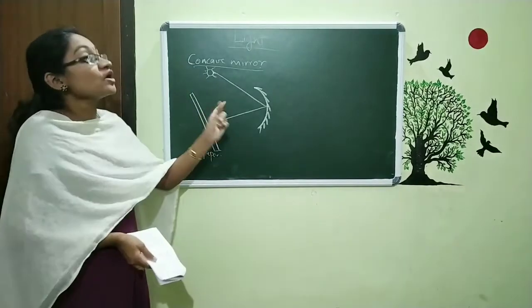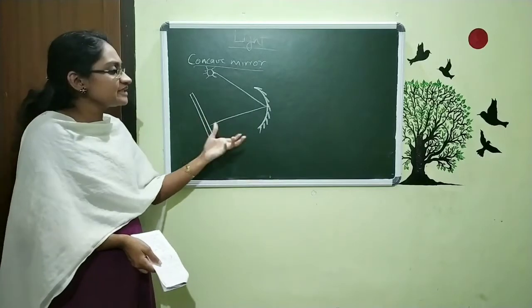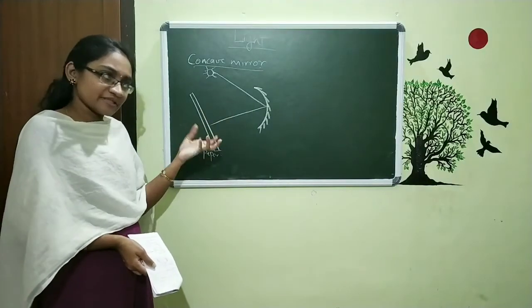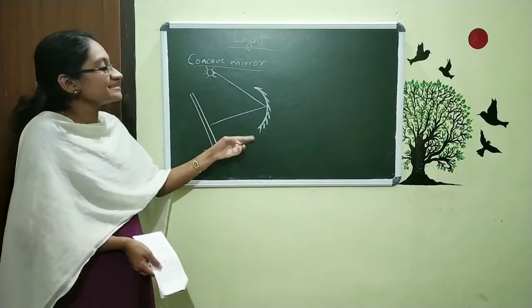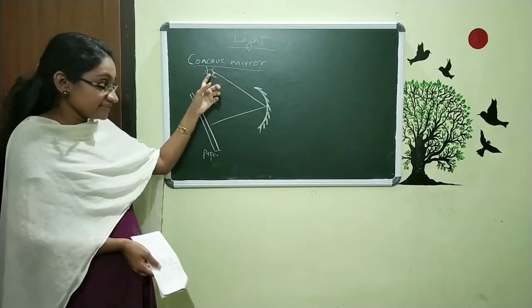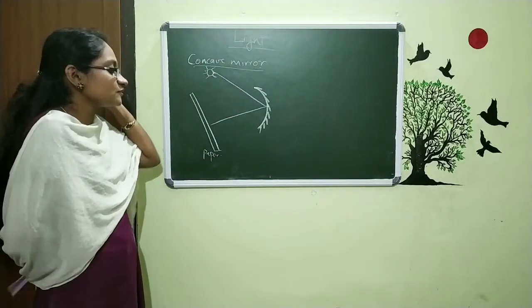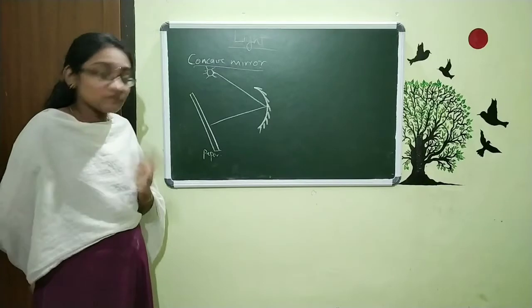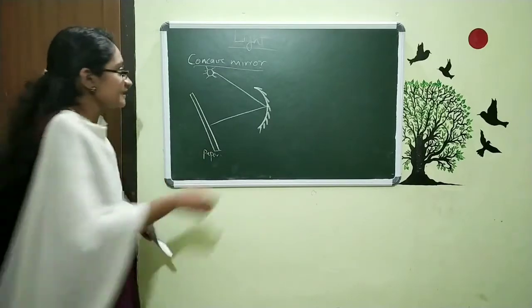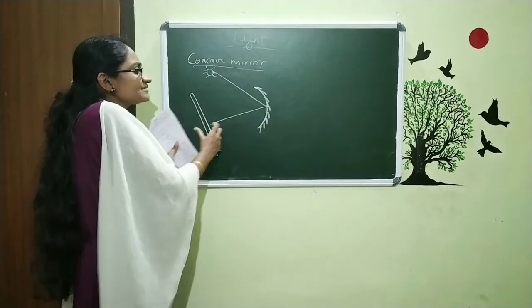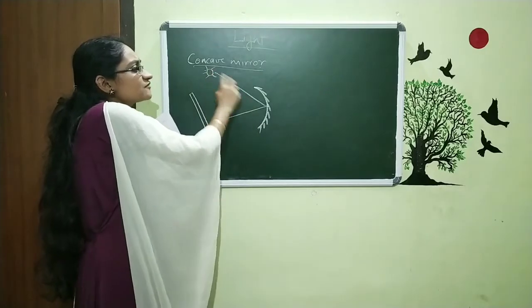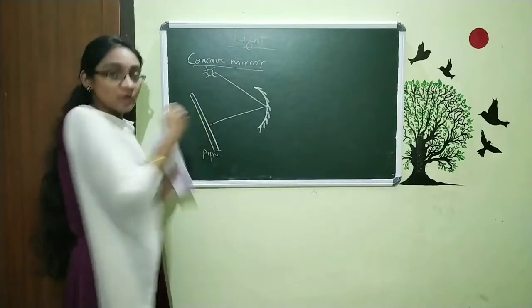We are just taking a concave mirror. When you take a convex mirror, you will get another type of result. So we are selecting a concave mirror, the sun is there, and we are just waiting for some time. At first, when you are focusing this, at some distance the light from the sun is very dim on this.